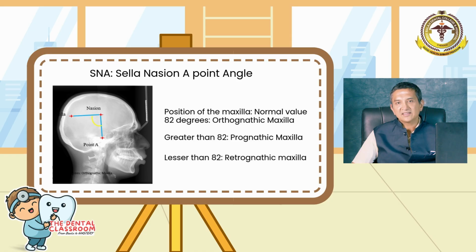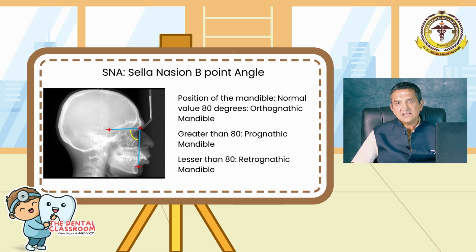In a class 1 profile, that is, when the maxilla and mandible are orthognathic, the SNA value is 82 degrees plus or minus 2 degrees, whereas SNB, which represents the mandible, is 80 degrees plus or minus 2 degrees.